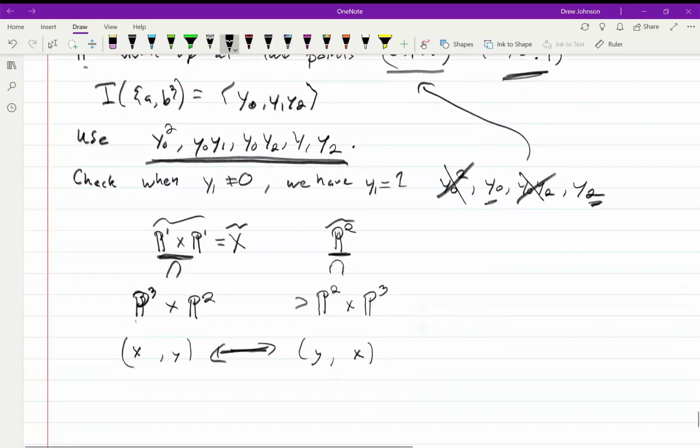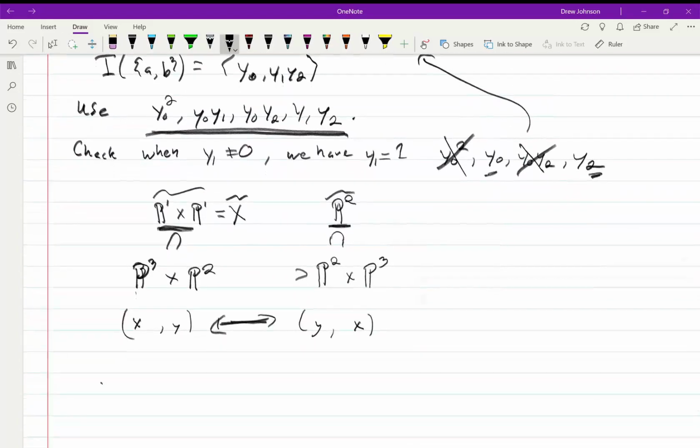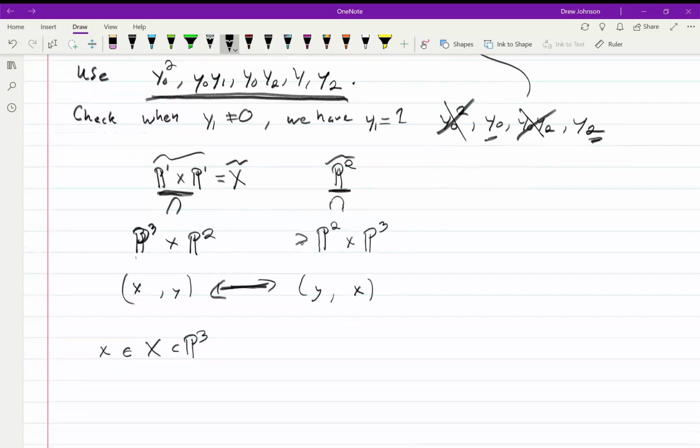All right, let's consider a point, a little x inside of X, which is in P3, and let's assume that it has projective coordinates like this, and let's assume that x0 is not equal to 0.